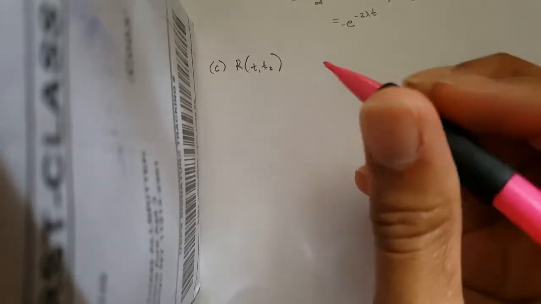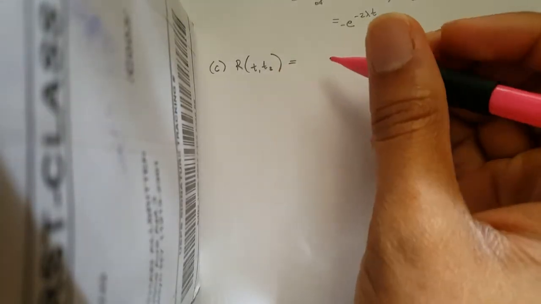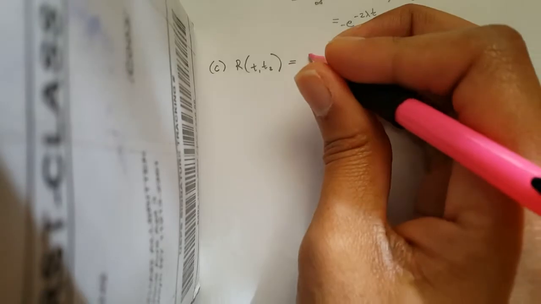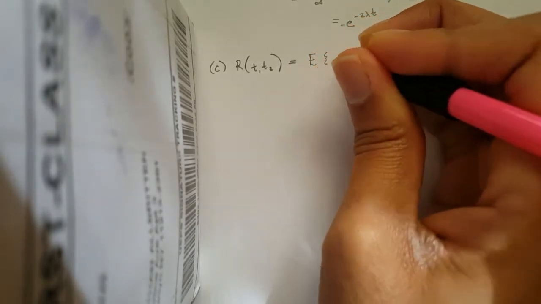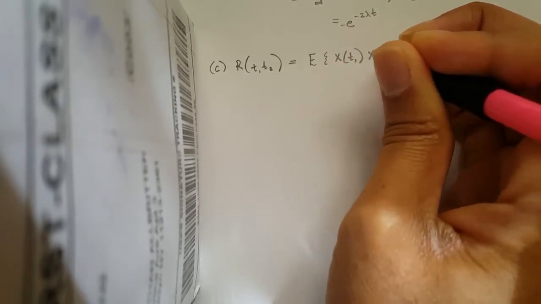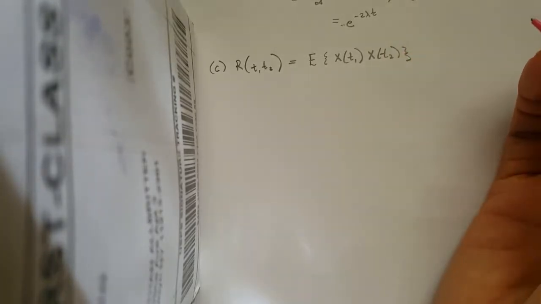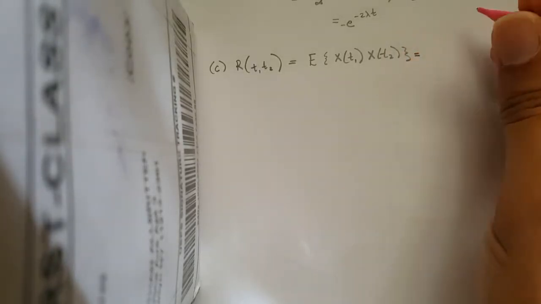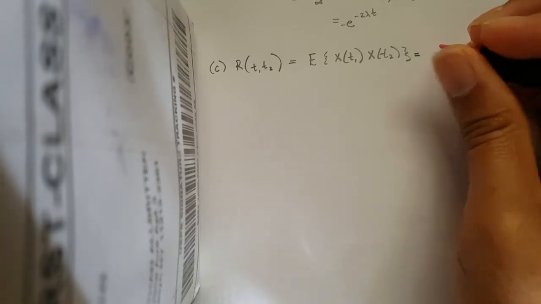So this is going to be simply this entire process. It's going to be the expected value of x of t1 times x of t2, which can be written as such.